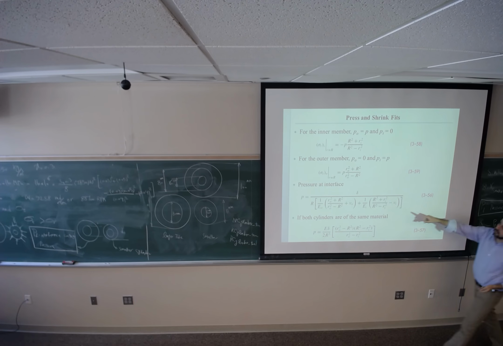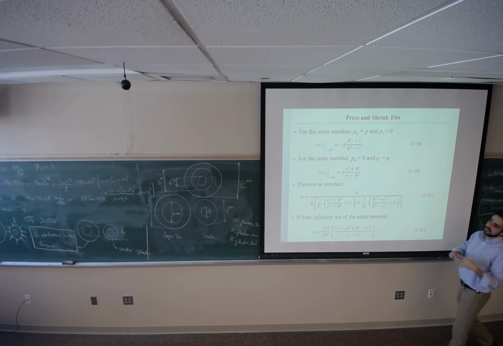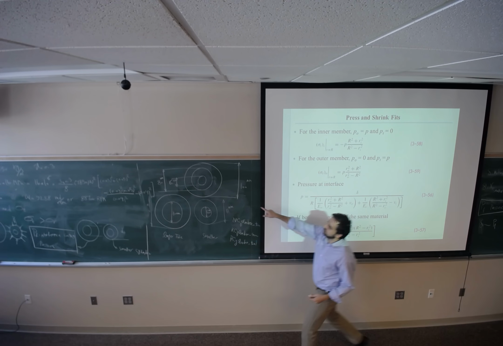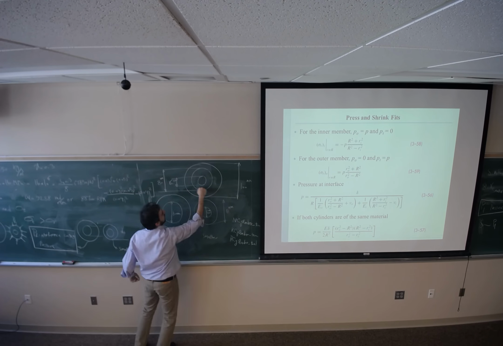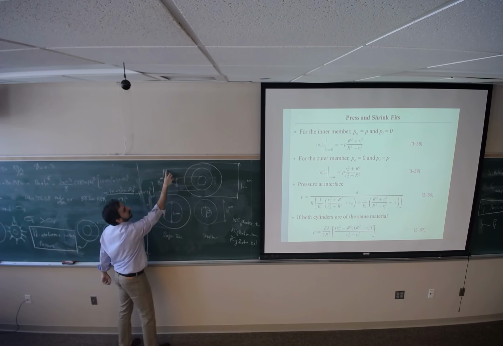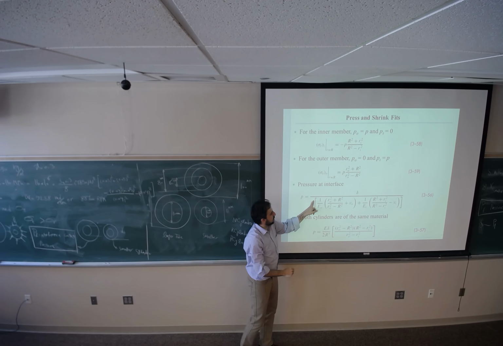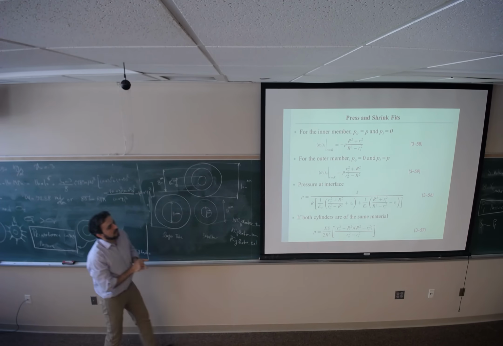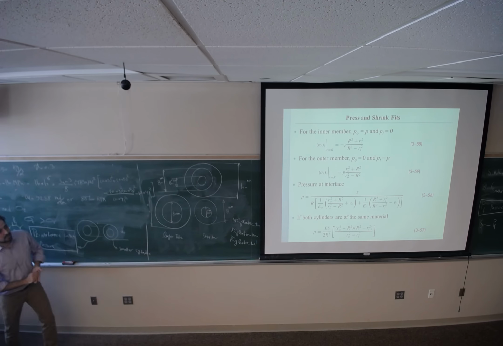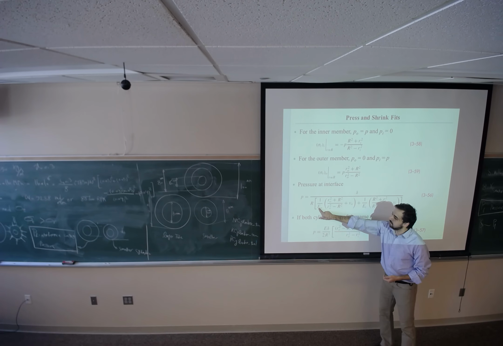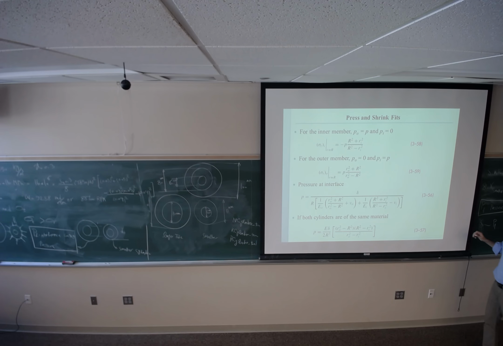It's asking about the radial interference, how much the delta would be, and what the radius at the contact would be. Here in this example it was 4B. So R is the radius at the contact surface. EO is the modulus of elasticity for the larger or outer component.